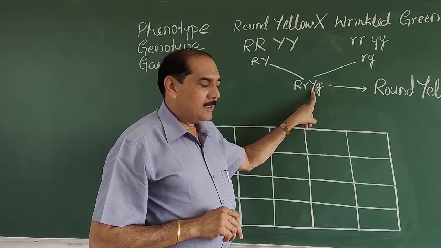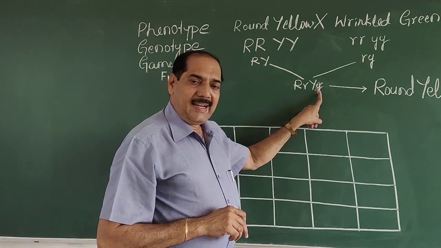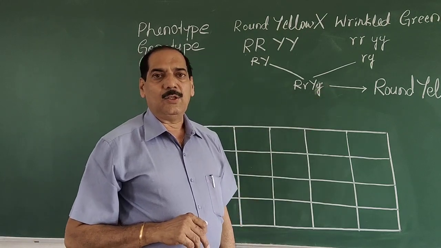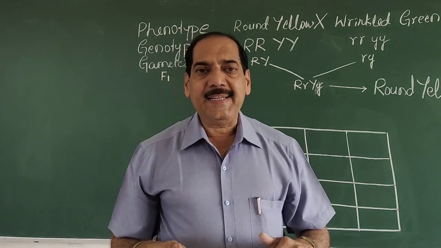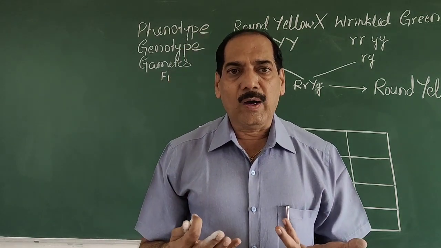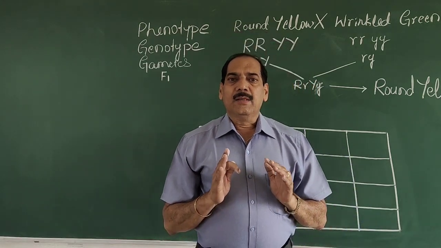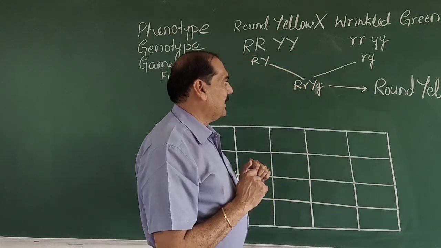So all seeds will be yellow. It will express, and green will be recessive. It will be suppressed. Therefore, in the F1 generation, all seeds develop into a plant. That plant produces round yellow seeded pea plants.